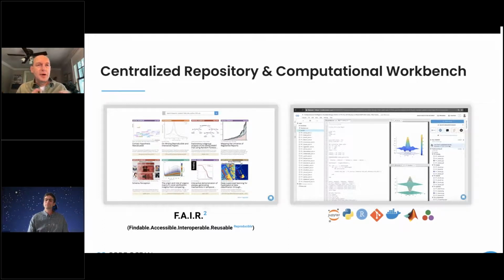And then the public repository is built on FAIR principles. We actually call it FAIR squared principles, which is findable, accessible, interoperable, and in addition to reusable, it's reproducible.